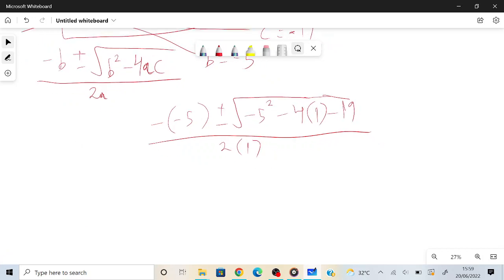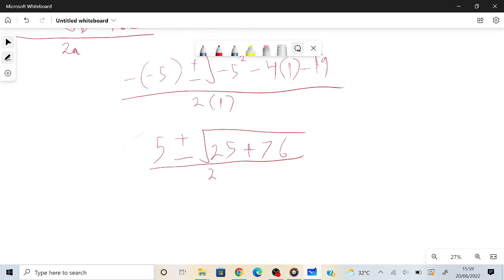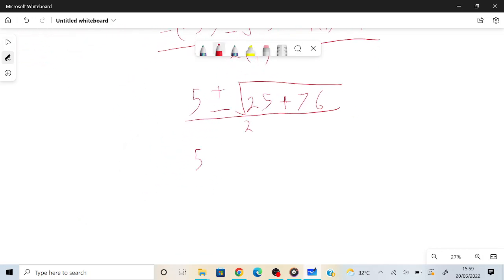And minus minus 5 becomes positive, so this becomes 5 plus minus root of minus 5 squared becomes 25, minus 4 times 1 is minus 4 times minus 19 becomes positive, so plus 76, all over 2 times 1, which is 2. Simplifying this further, we have 5 plus minus square root of 25 plus 76, that's 101, all over 2.